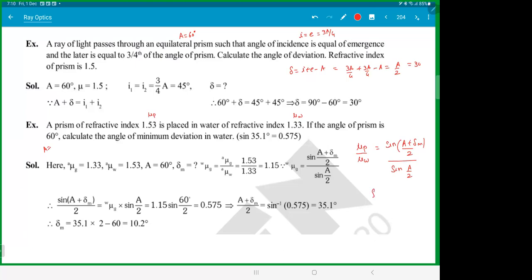So delta m will come from here. Put everything in. This is the level of questions in mains and BITS. Direct formula based. Let's see something a little decent. Any doubts on these formulas, please ask. Easy?